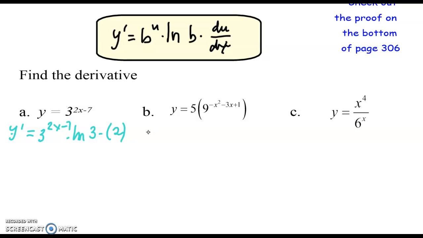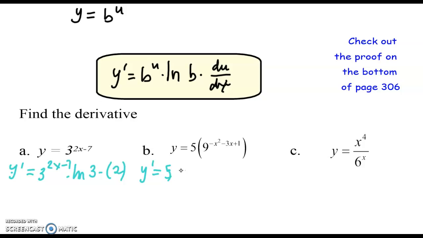We look at b here. We've got the derivative of y is equal to, now 5 is the coefficient, it stays there, 5 times the base to the power, the coefficient 5 times b to the u, which is exactly what's there, multiplied by the natural log of b, in this case 9, multiplied by the derivative of u, which is the exponent, which would be negative 2x minus 3.